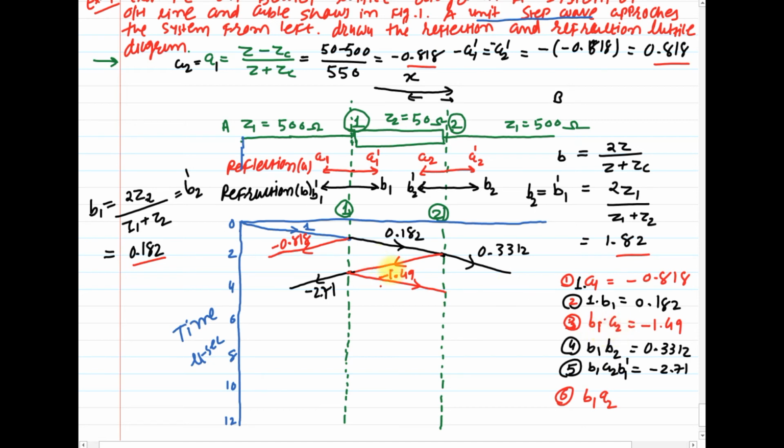B1 A2 into the reflection from the junction 1 at the right hand side, which is A1 dash. So we can write B1 A2 into A1 dash. So the final answer for this reflection is minus 1.217. So it is minus 1.217. Clear?